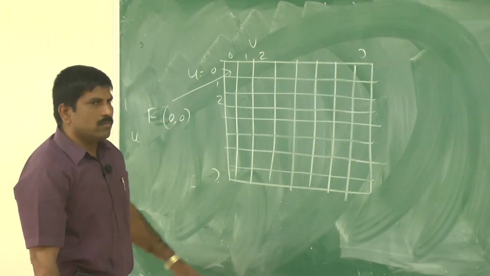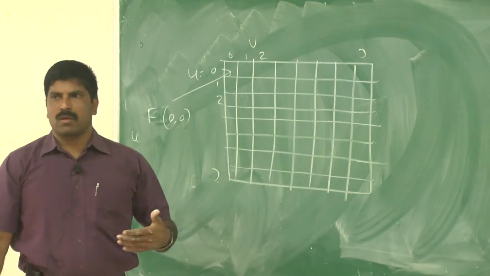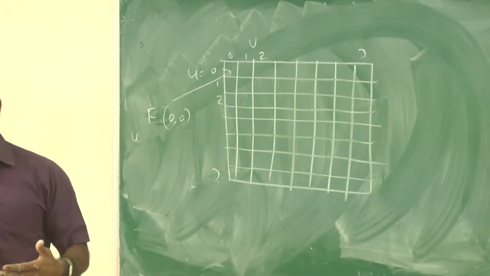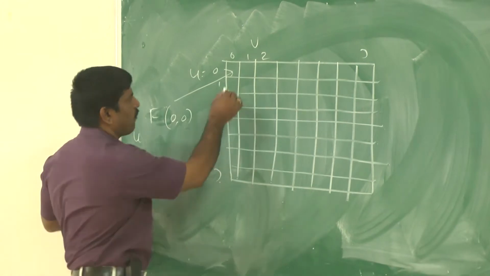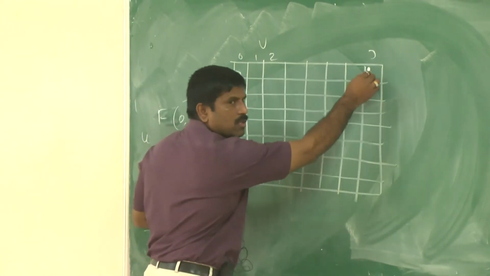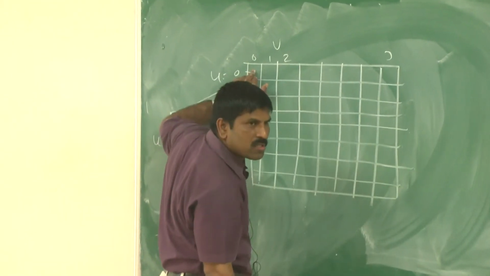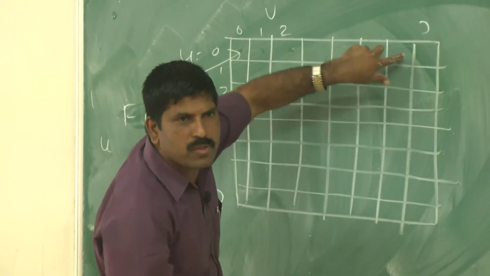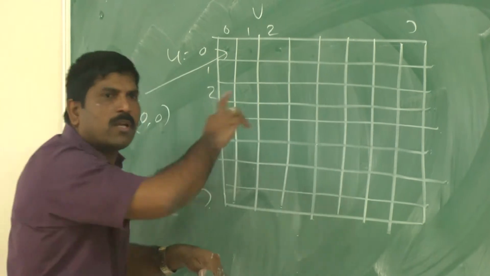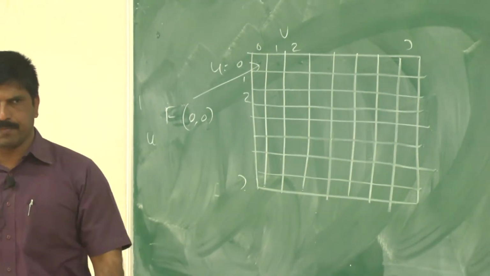Now, while encoding, one can go in this way: first we encode this coefficient, then this coefficient, then this one, and so on. So we do sequential scanning.